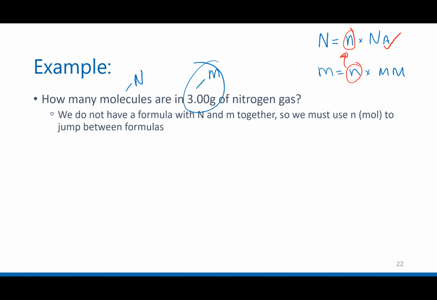So for this problem, I would have 3 significant figures in my answer because the question is only giving me 3. So 3 digits, 3 significant figures. All right, so let's look at my answer.